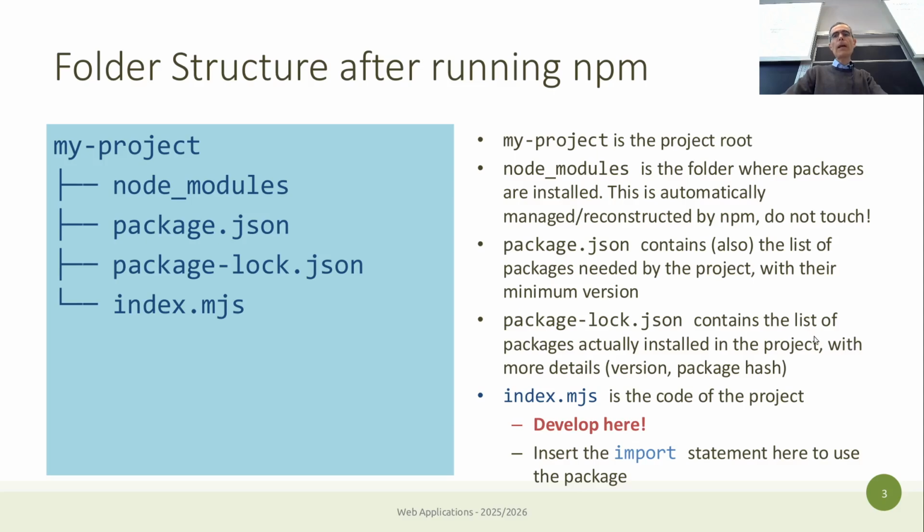Okay. In short, after these two operations, we will see it in the example, you have the original file, let's say index.mjs, where we started and where we write our code, okay? And then there is a folder, the node_modules folder, okay? That contains all the code of all the packages that we are going to install, including this dayjs, and two other files, package.json and package-lock.json.